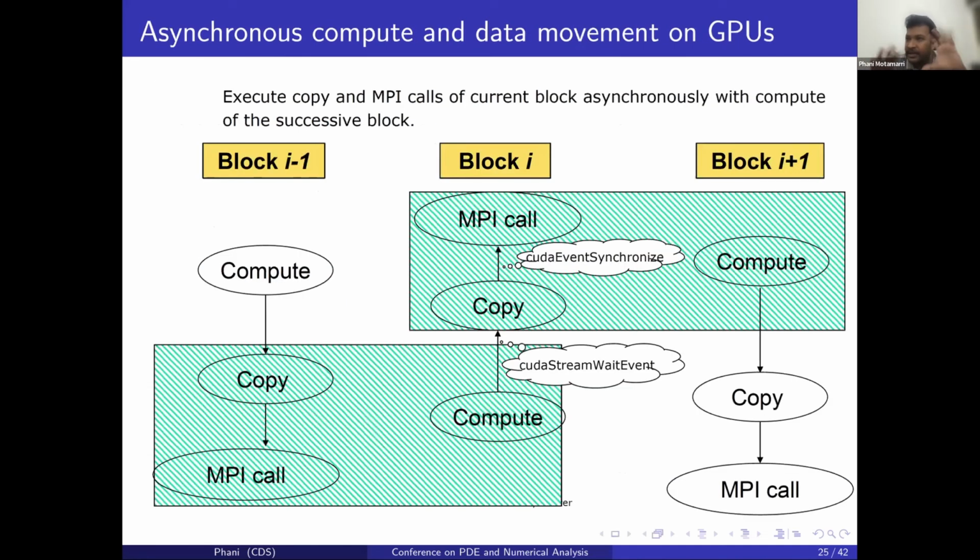And again, we made sure that we have nice overlaps between compute and communication, so that when your compute is happening, you can communicate on the side. So we have different blocks, and when each block is doing its compute, another block can do its data movement, and thus things are hidden behind compute, or behind communication, depending upon which cost is higher.